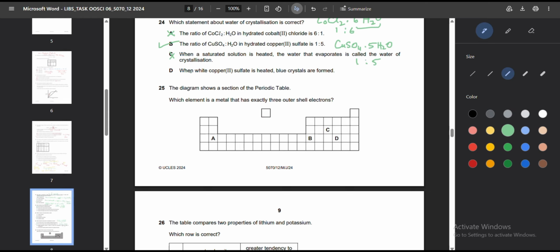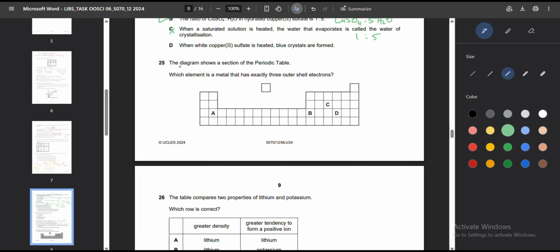Okay, the next one is question number 25. The diagram shows a section of the periodic table. Which element is a metal that has exactly 3 outer shell electrons or 3 valence electrons? Now the group number represents the number of valence or outer electrons.